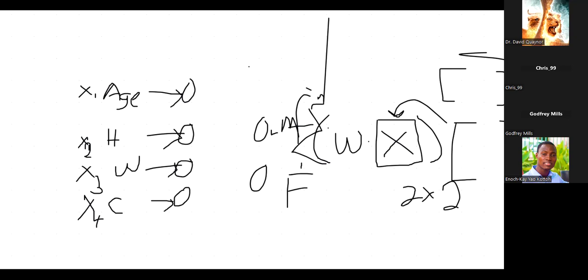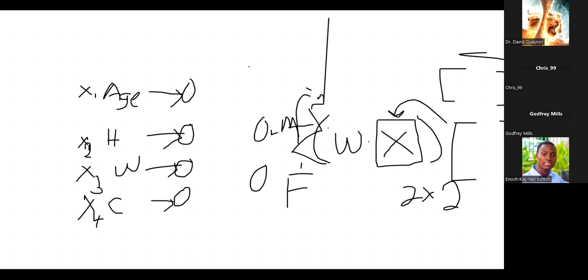So that function, we said a function f of z. This is how we say it. It's equal to 1 for z is greater than or equal to 0.